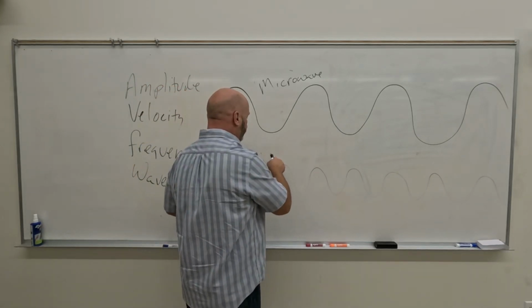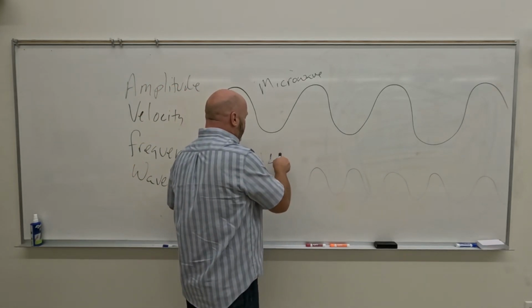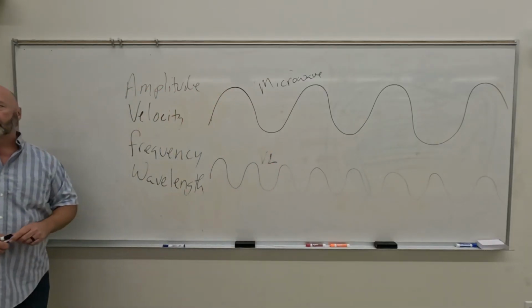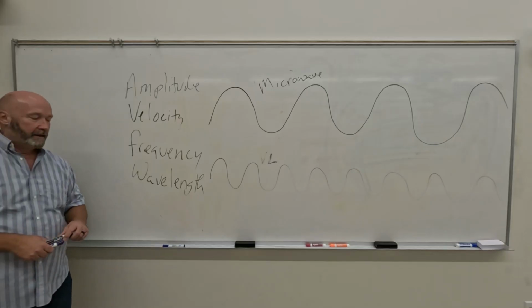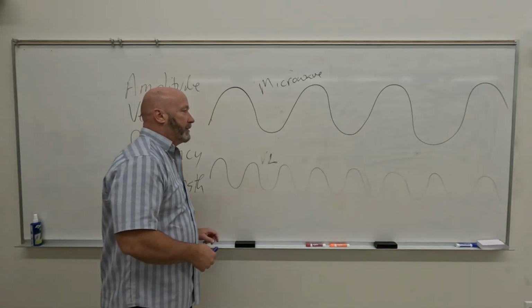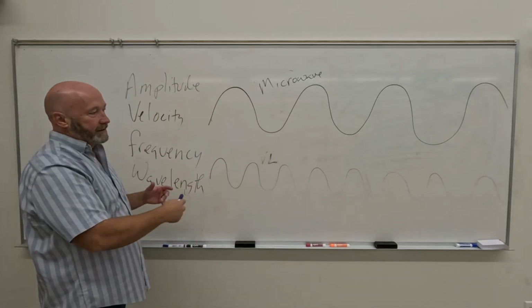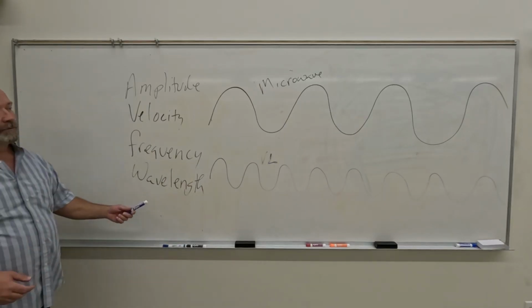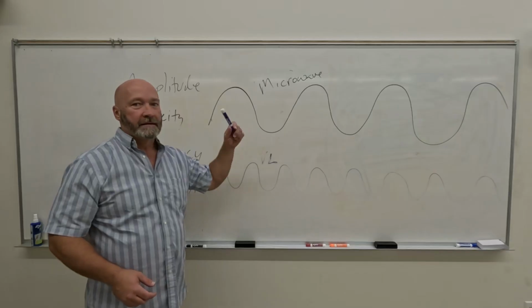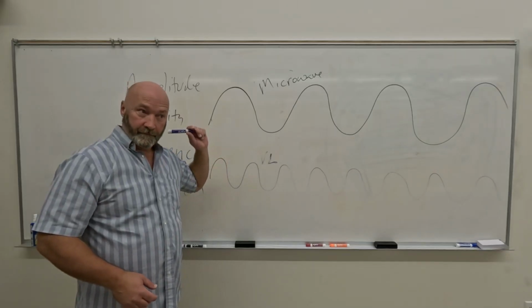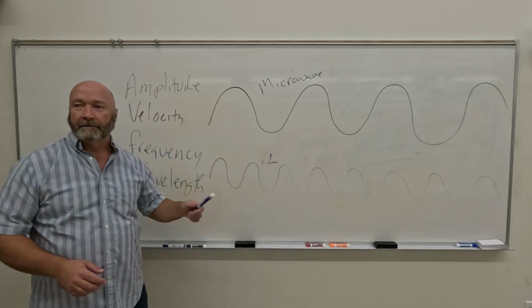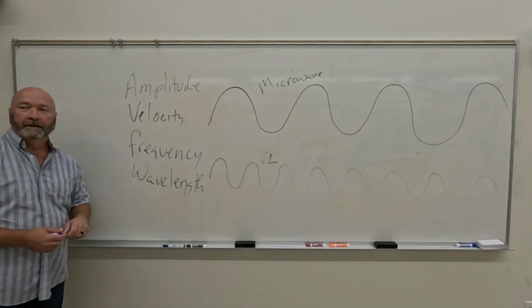Okay? So what we're going to find is that since everything travels at the same speed, that being the speed of light, we can make this illustration and deduce a number of different things. Frequency and wavelength: microwave has the longer of the two wavelengths between visible light and microwave. Microwave's going to have a longer wavelength.